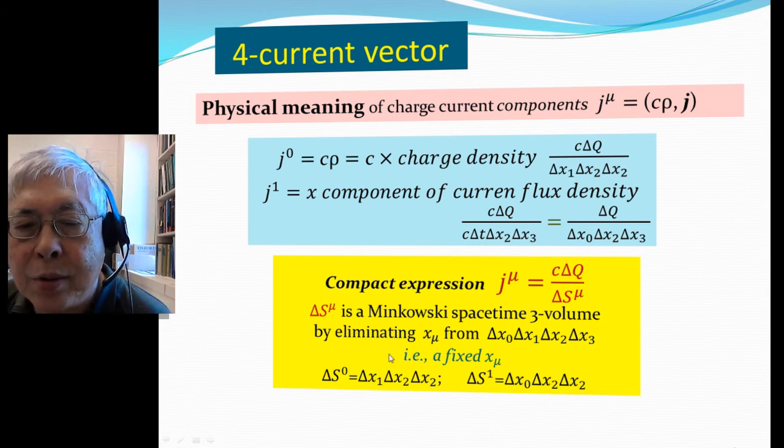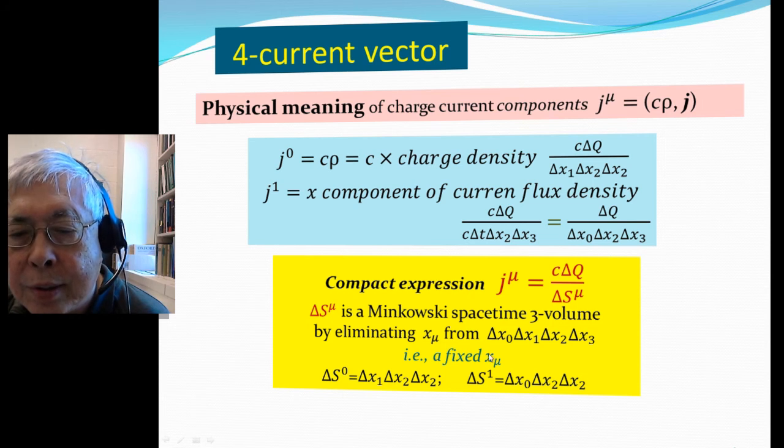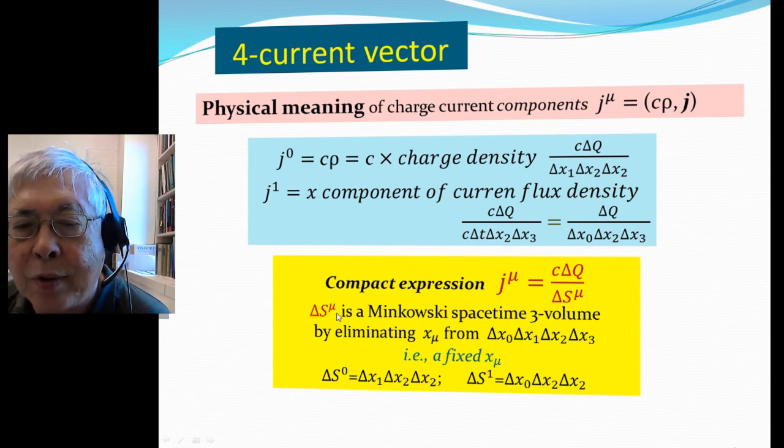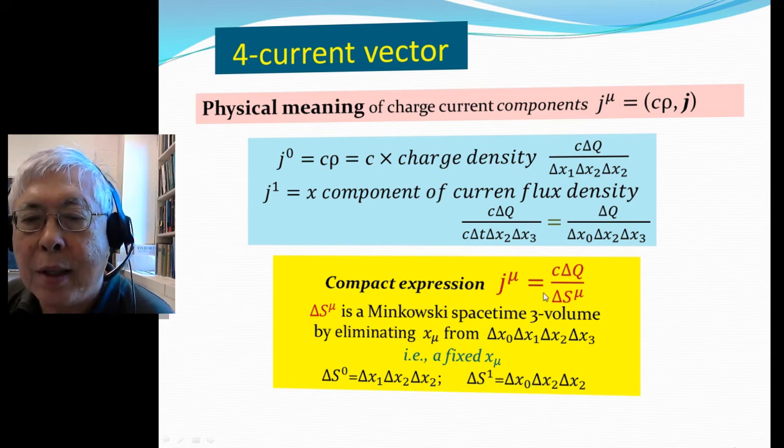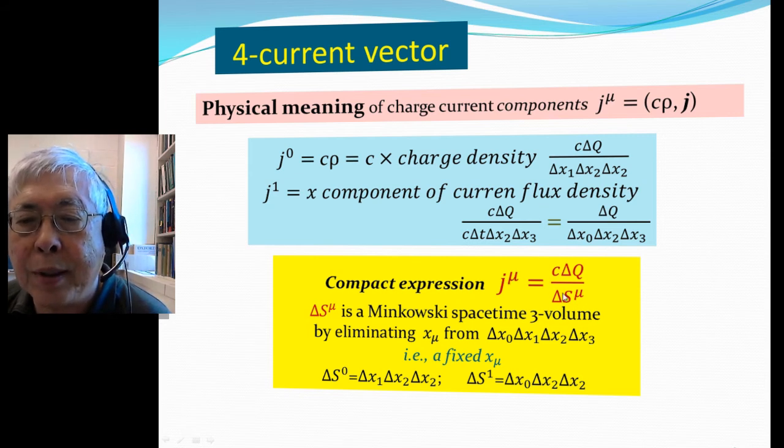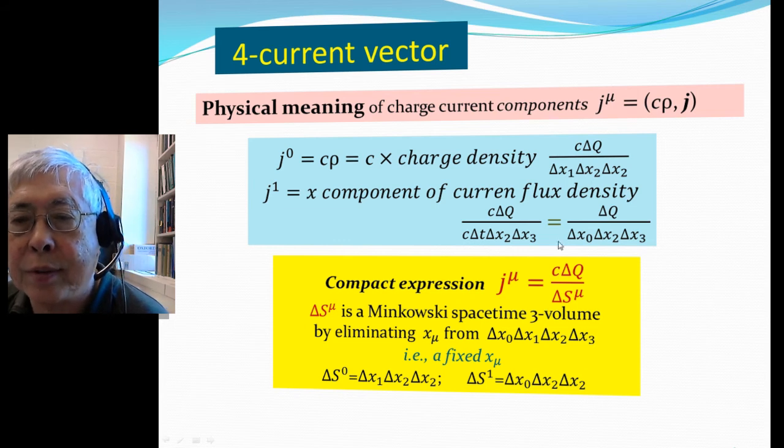It is just missing from the full volume, so that becomes a three-volume, and in the same way delta x1 would be missing. Therefore for j naught it will be delta Q with x naught missing, which is just this term here.